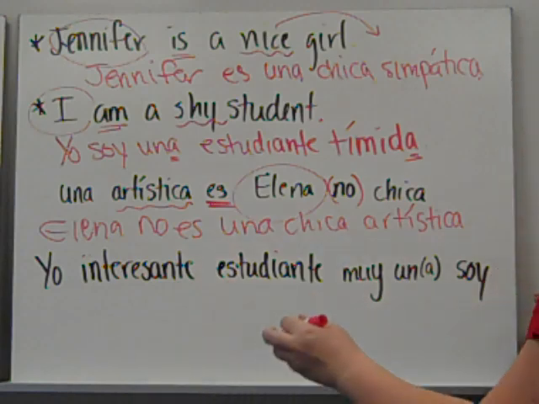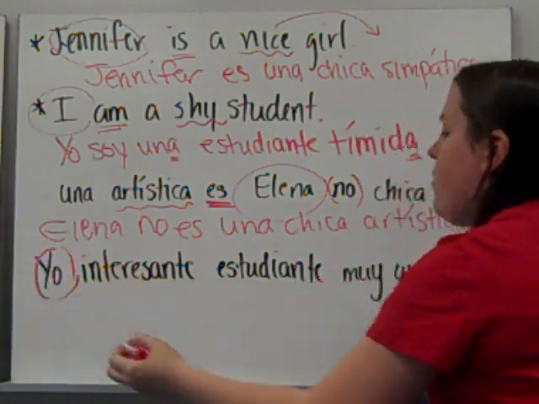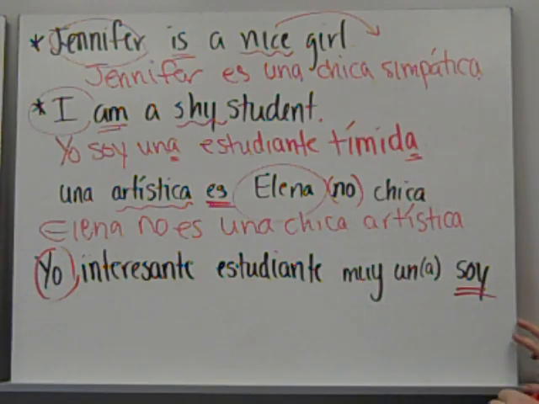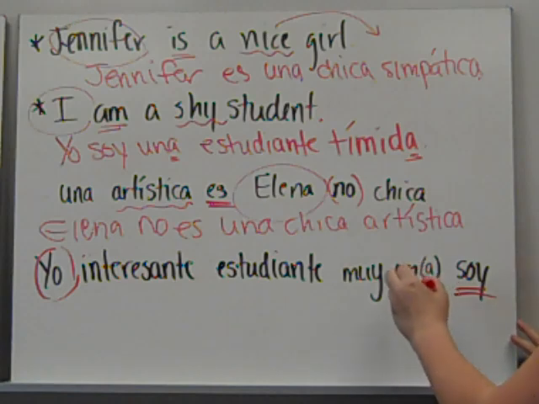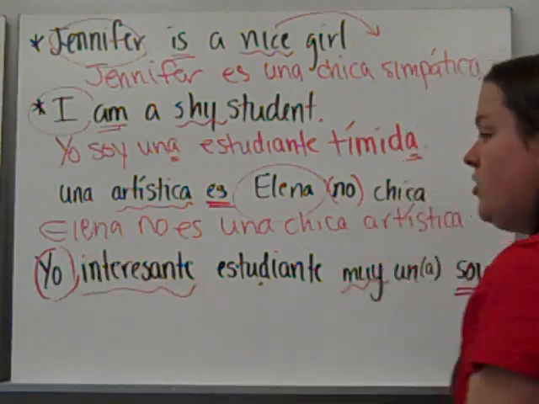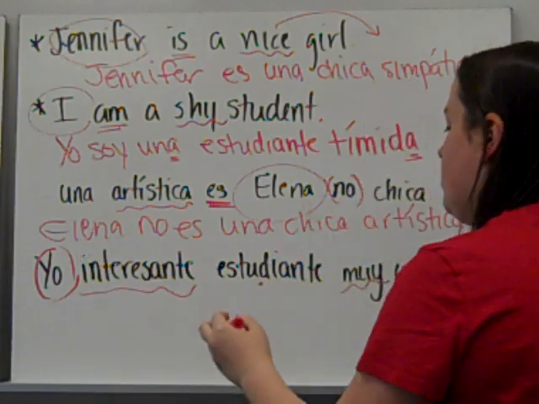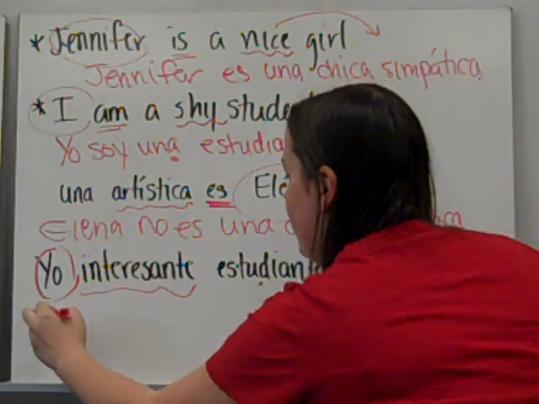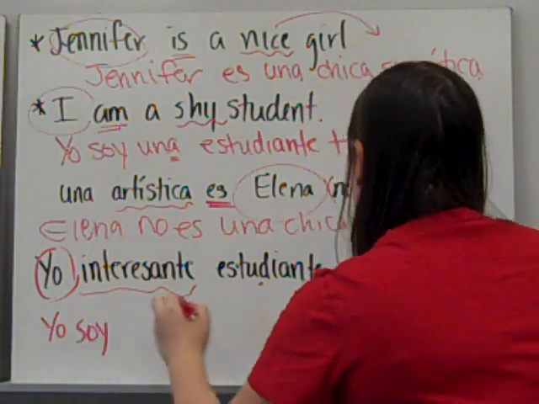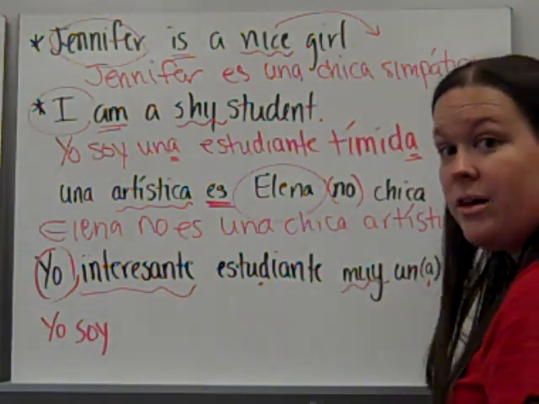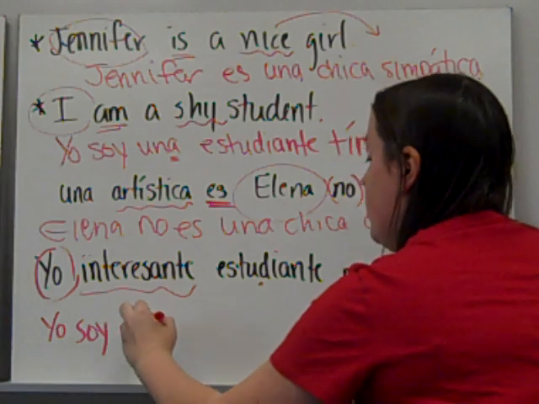And the last one, who? I what? I am what? A student that is very interesting. Now into Spanish. Well, now in order. Yo soy. In my case, I'm going to write una. Gentlemen, you write un.